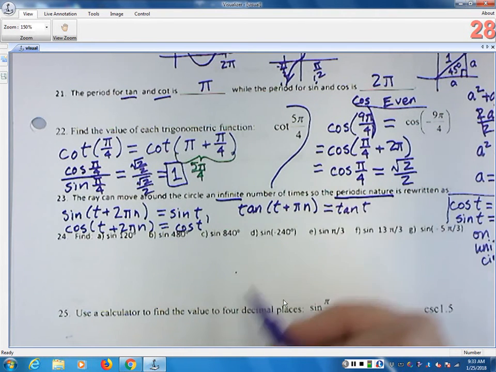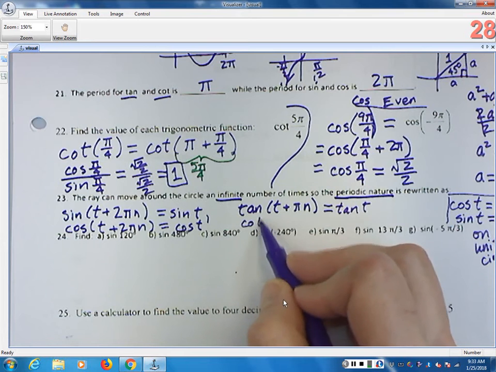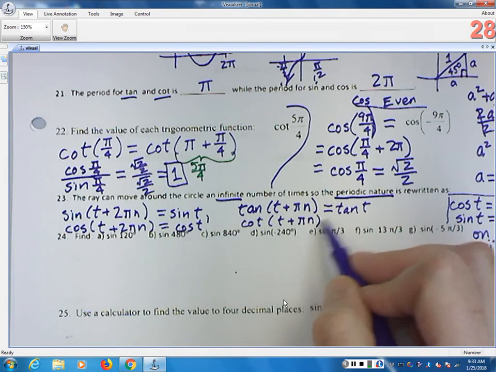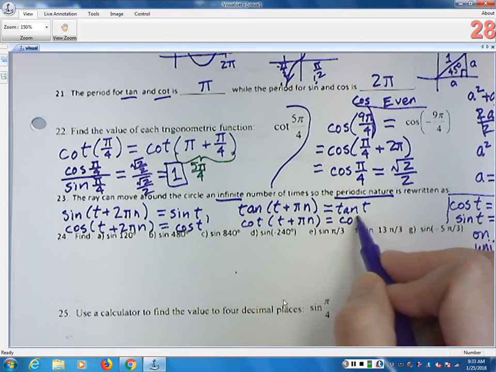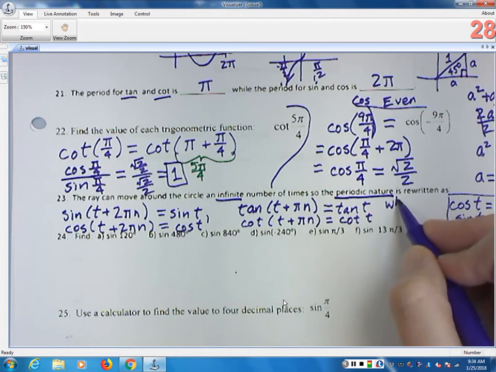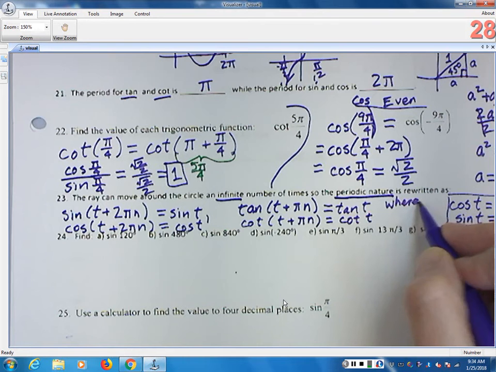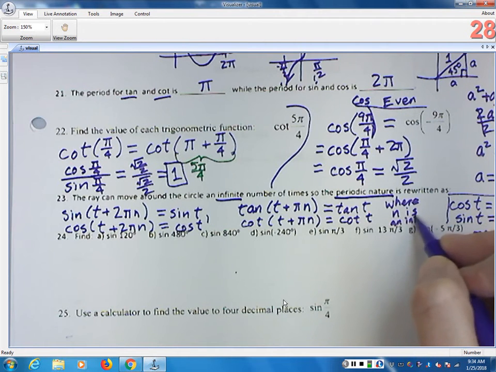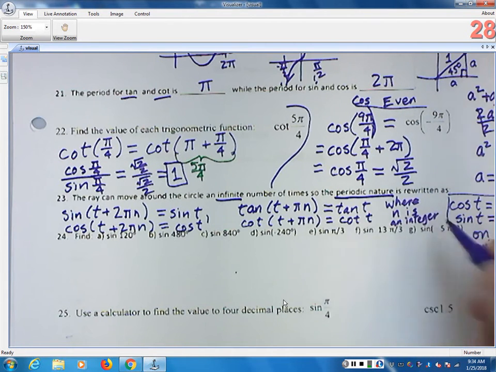Same thing with cotangent, where n is an integer, it can be negative also. We can go in a negative direction.